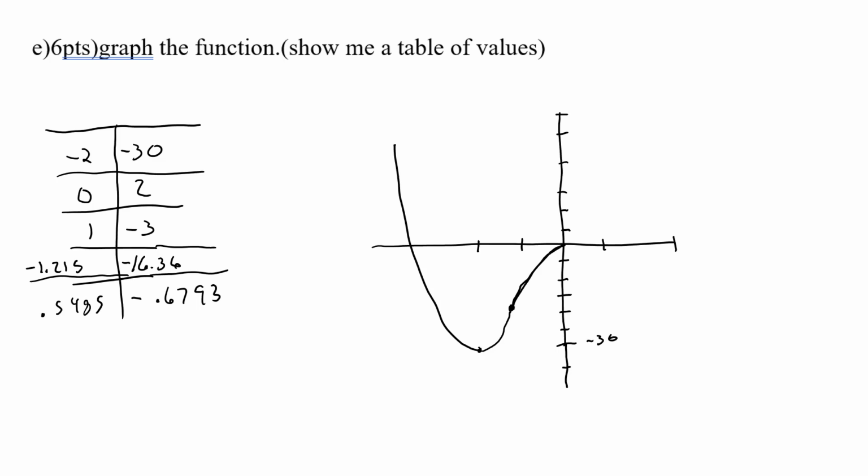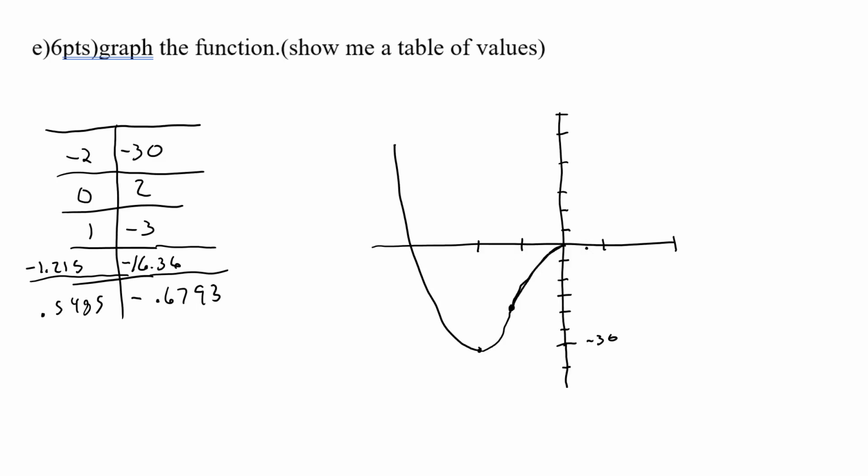And then at 1, we got negative 3, which is going to be right around there. But at 0.5 in the middle, we change concavity again. So that's going 0.5 right in the middle. We're at negative, so we're around right there.